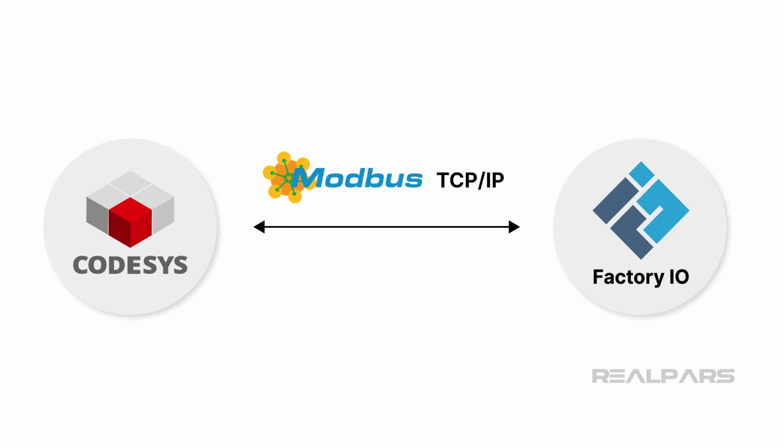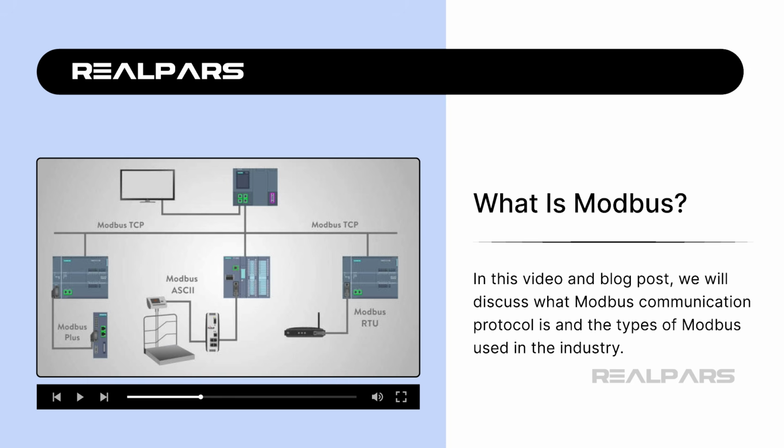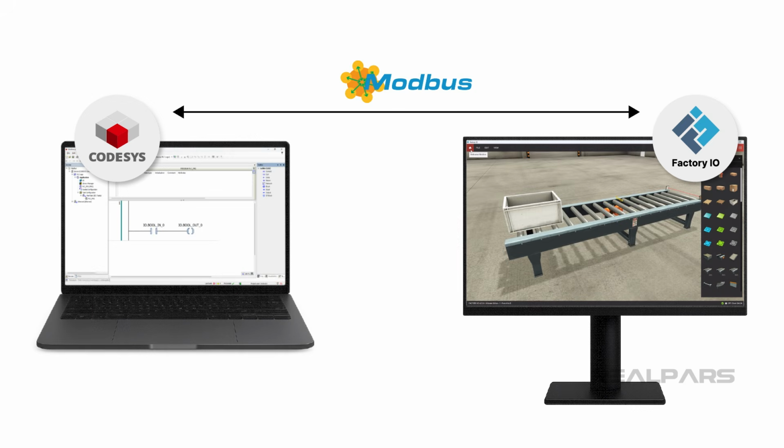This is a modern version of the Modbus communication protocol that sends data over Ethernet networks. You can learn more about Modbus in our Modbus blog post, which is linked in the description below this video. Now that we've seen all of the tools that we'll use in this video, let's see how to connect a Factory I/O scene to CODESYS using Modbus.